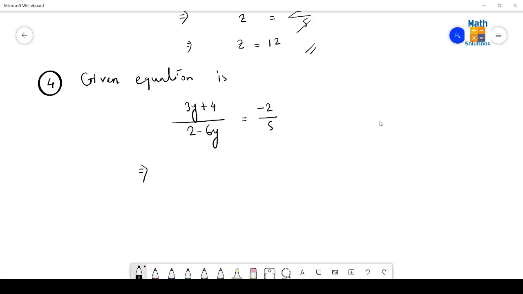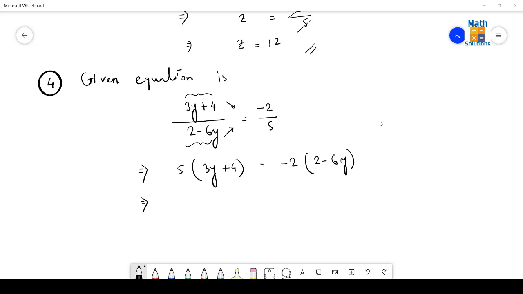Now in this case also the same method we have to follow. This quantity will have to be multiplied to minus 2 and this quantity should be multiplied with 5. So let's check. 5 into thrice y plus 4 is equal to minus 2 into 2 minus 6y.